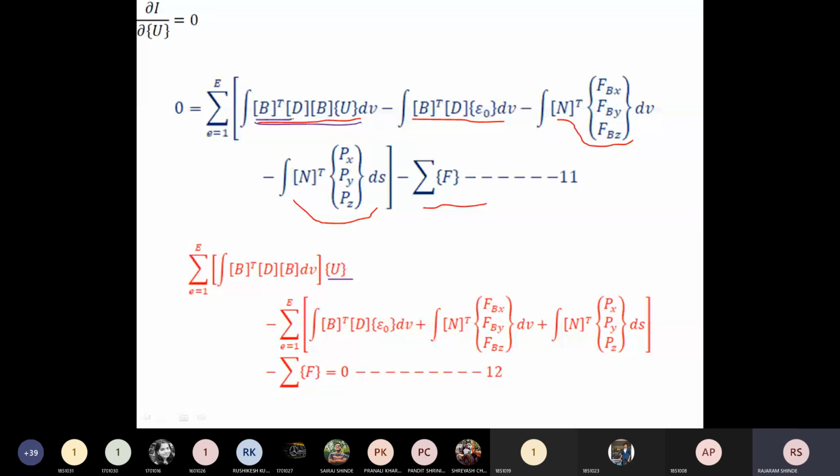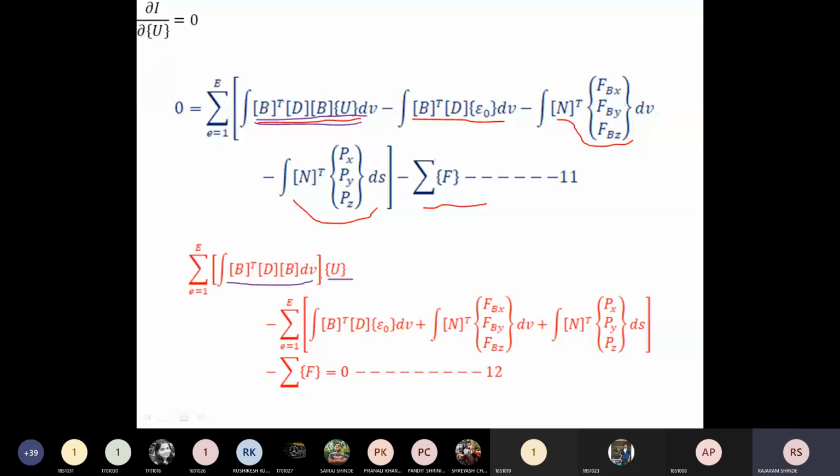Here, the same equation b transpose db u, I have written as integration of b transpose db over dv into u. Why have I kept these terms in the integration? Because for linear elements b transpose and b are constant. When we go for higher order elements, these terms are not constant. Therefore, I have kept this term inside the integration.